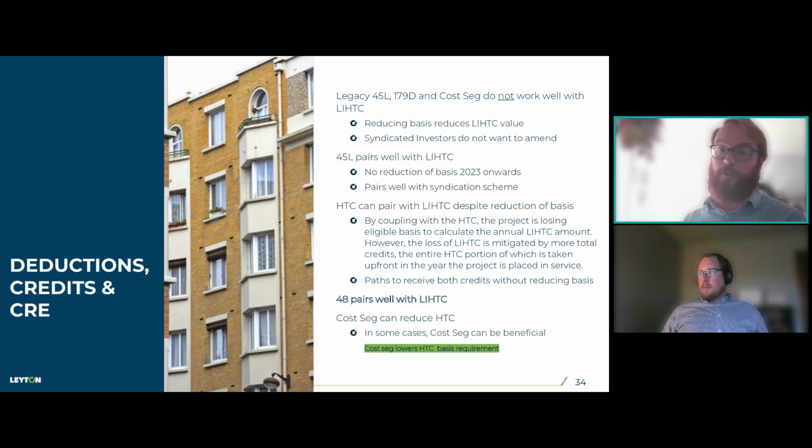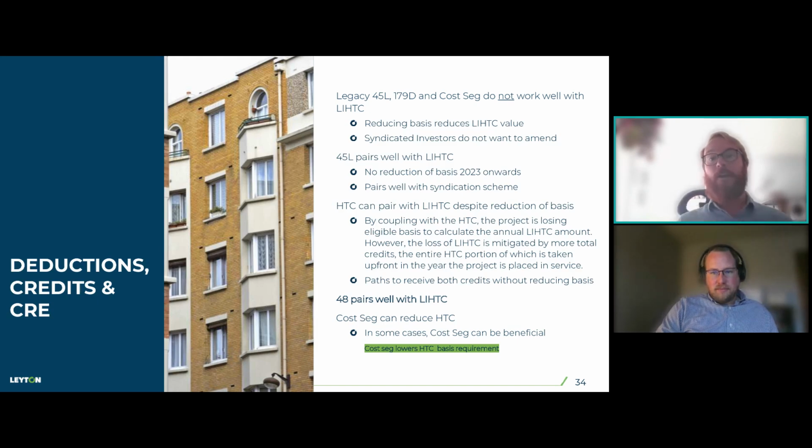Also, with pursuing something like Legacy 45L, which requires you to amend to claim, most syndicated investors do not want to amend. It's generally large institutional investors, so it costs more generally to amend their taxes than it does to claim these tax credits.